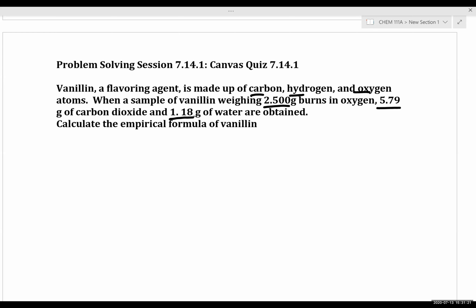And again, don't be shy to message in the chat your proposed responses for the empirical formula of vanillin.